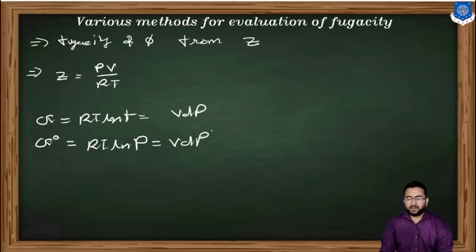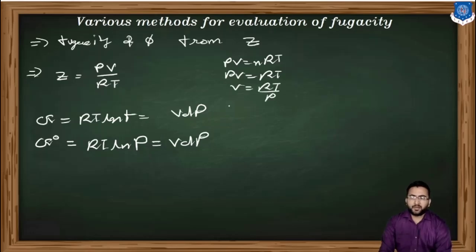But for the ideal gas, the equation of state can be given by PV is equal to nRT. For 1 mole of component it becomes PV is equal to RT, so we can say that V is equal to RT upon P. If we replace this V with RT upon P, then we may write RT upon P into dP.